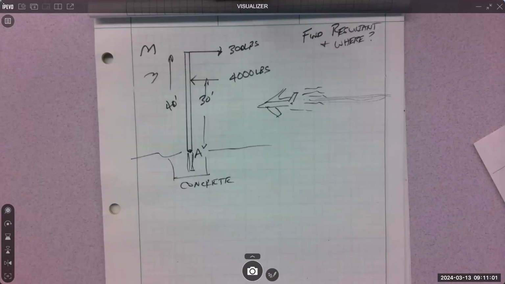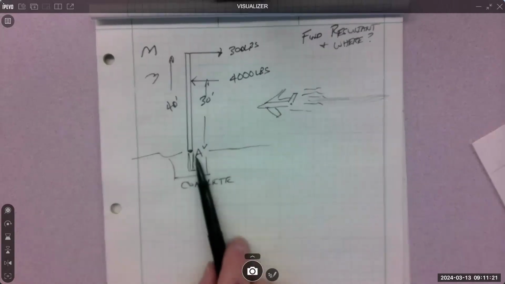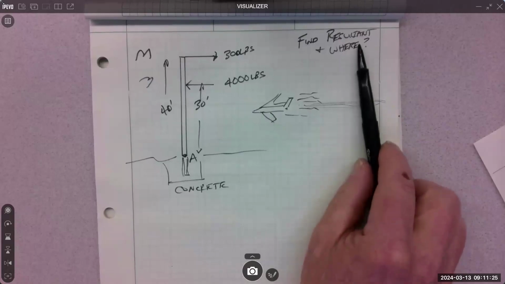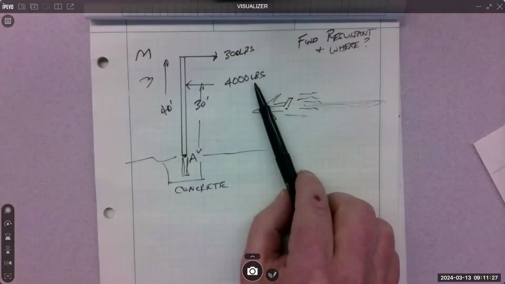So remember, you're going to collect them at a location, right? So when you're doing resultants, no free body diagram. Don't put in reactions, right? Nobody said free body diagram, that was good. In other words, we're not going to remove all this support and put in a bunch of reactions down here. That's not what the question's asking. We just want to know the resultant of the given forces, those two.